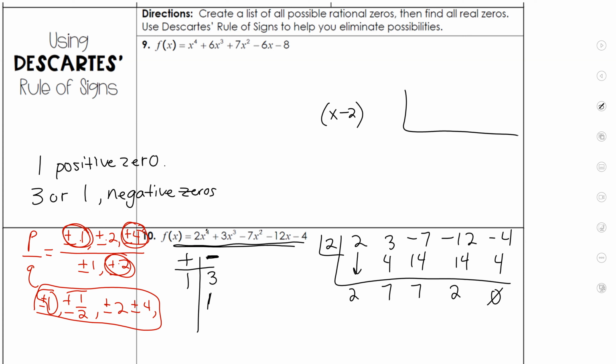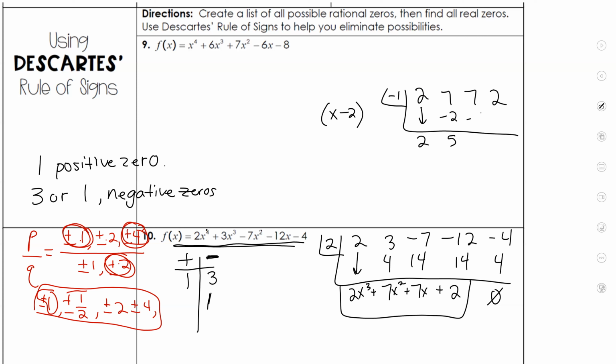Now I'm going to use this right here as my new synthetic division, okay? I'm using this one now. And just so we don't lose track, this is x cubed plus 7x squared plus 7x plus 2. Now I'm using synthetic here. And you guys wanted to test -1. Okay, so bring down the 2. -1 times 2, -2.